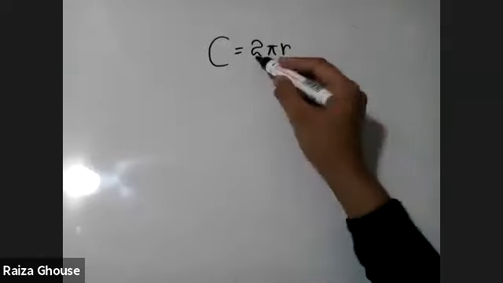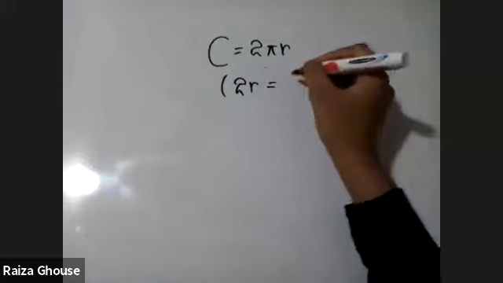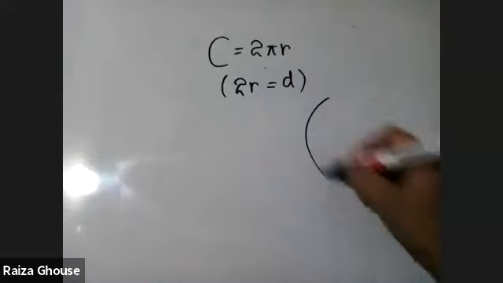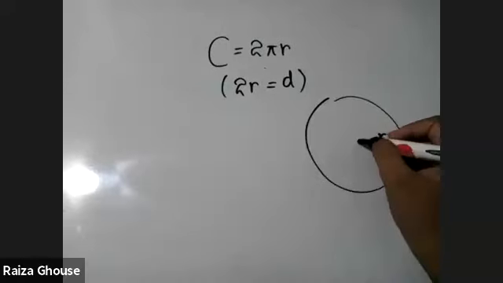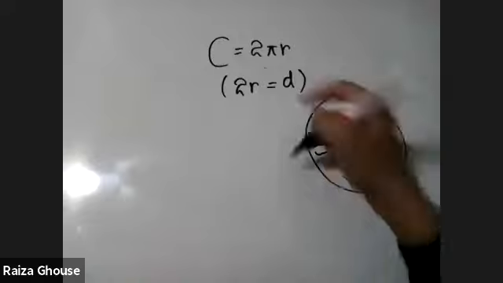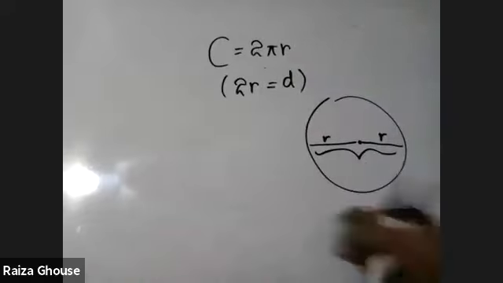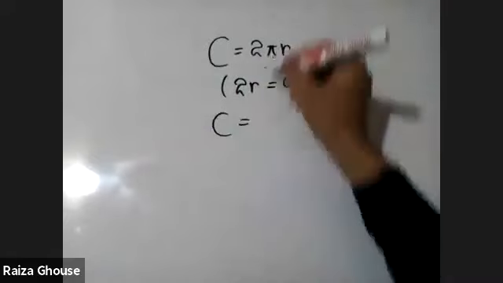In that case, this 2r, I can write it here. 2r means 1 diameter. Here to here radius. Here to here also radius, no children. So 2r means the whole thing is d. So we can consider 2r as diameter, and we can derive another equation.